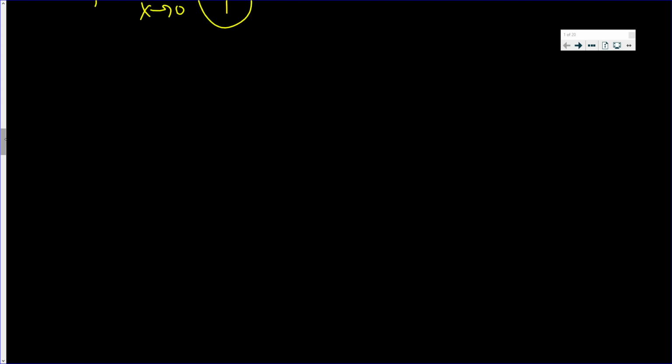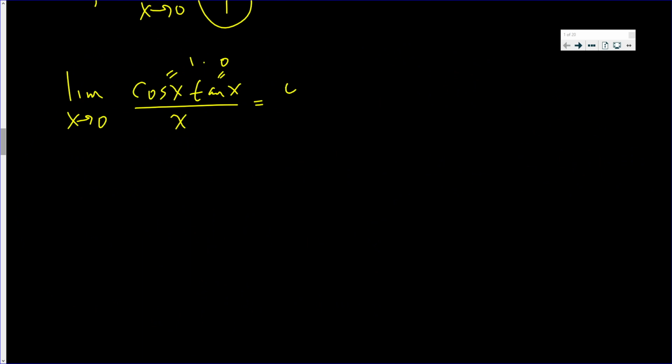What if you have this problem? The limit as x approaches 0 of cosine x times tangent x, all over x. If you directly substitute, cosine of 0 is 1 and tangent of 0 is 0.